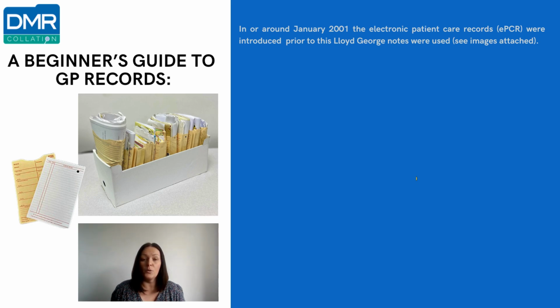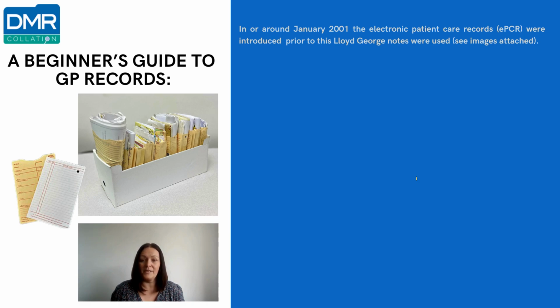They were used to record and store medical information on their patients. They included a wallet cover, a summary sheet to record main problems, a vaccination card, and then separate handwritten clinical note cards. Any received hospital letters or results would be folded and inserted into the envelope.